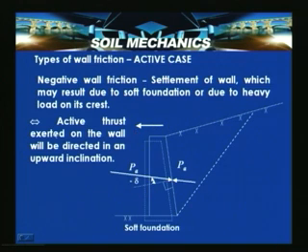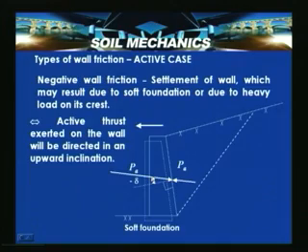When the active thrust occurs, that is, when the active wall movement is away from the backfill, the active thrust exerted on the wall will be directed in an upward direction, because here the wall is moving downwards. To oppose that, there will be an upward drag. That is the reason why the PA is acting in the upward direction on the wall surface as shown here. Again, this is the line perpendicular to the wall face, and if the thrust is above this particular line, that is indicated as minus delta, called the negative wall friction angle.